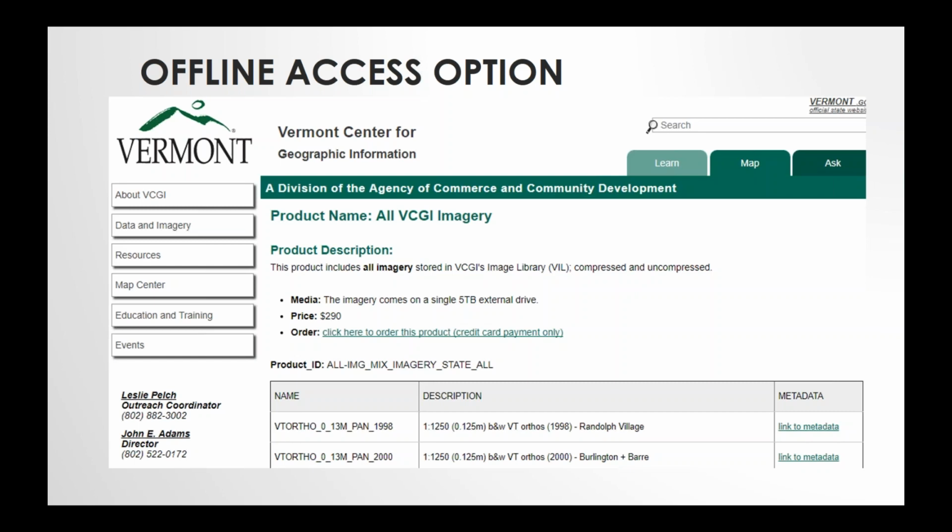So we calculate the cost of the materials, meaning the drives, and the time to put all of the data onto the drives and then to ship it to you. We have an online payment option, and that allows you to order online, and that sends us information, and we then process your request. So for some, that's a good option to know about.